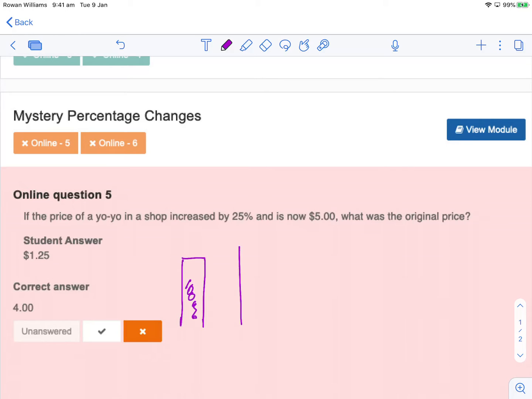And it's increased by 25%. So if I add on 25% here, I've now got 125%, right? And we know that this amount here, the 125%, equals $5.